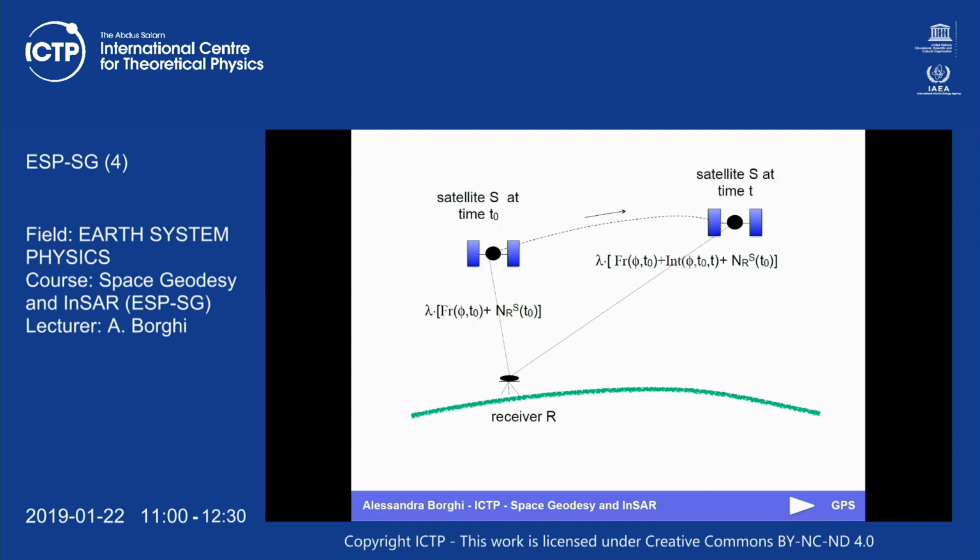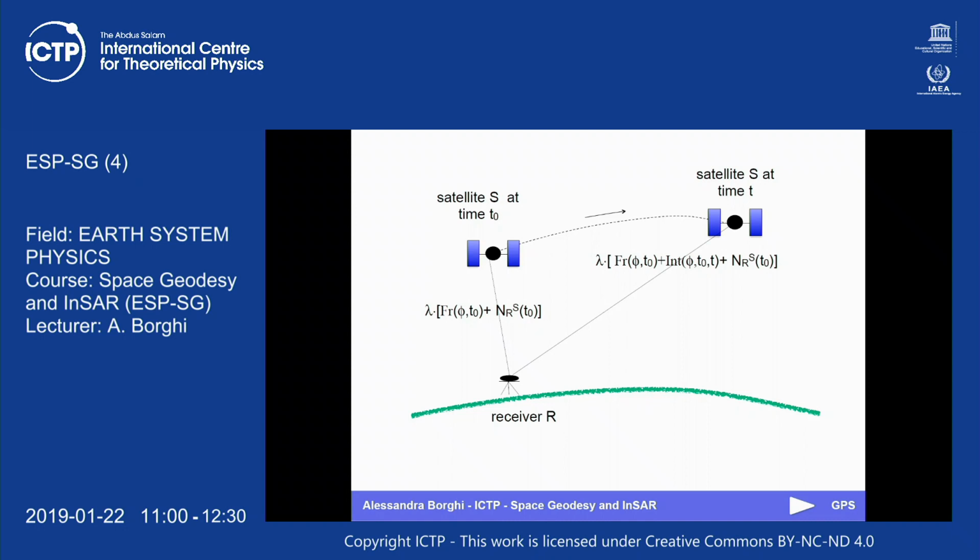But what we don't know is the real distance between receiver and satellite. It is given by this fractional part that we measure, plus this quantity, and what we don't know is the number of integer cycles between satellite and receiver at time t0, when we switch on the receiver. When we track a satellite, we don't know this quantity. After this moment, we started to count the integer cycles.